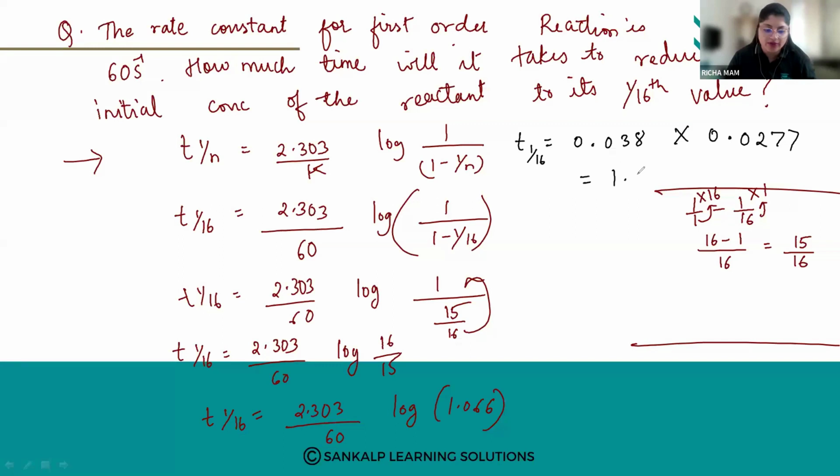The answer is 0.00105. If I shift the decimal three places to the right, it will be 1.05 into 10 raised to minus 3. So this is t of 1/16.